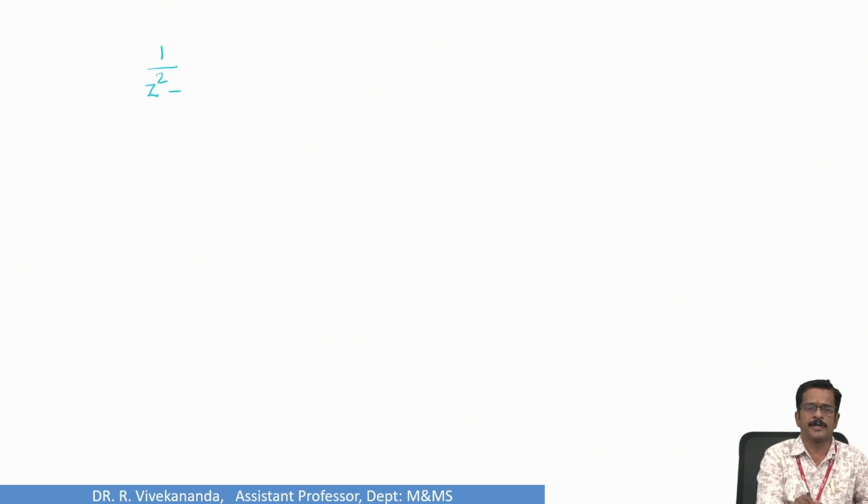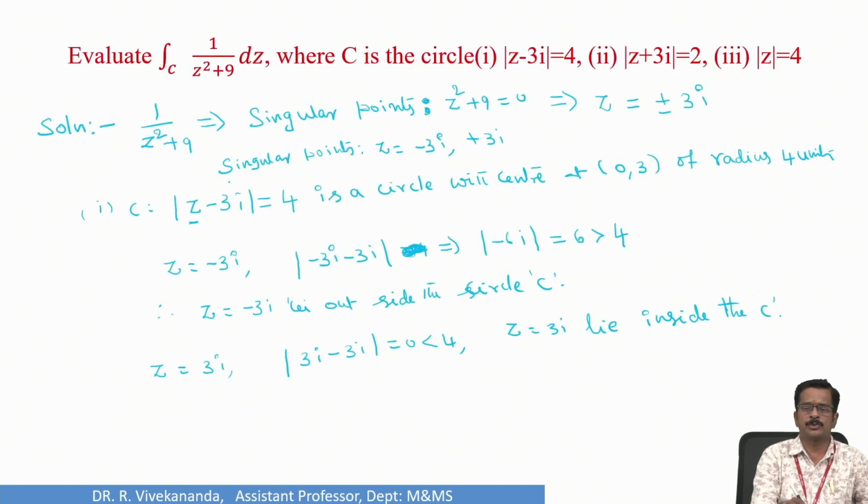This can be split into factors: z plus 3i into z minus 3i. Since z equals 3i is inside, the factor z minus 3i has to be kept in the denominator.